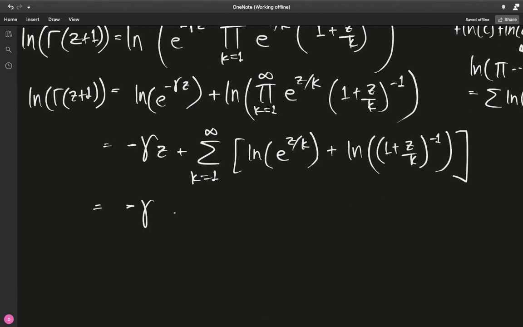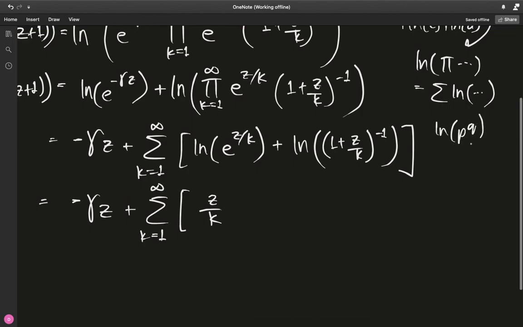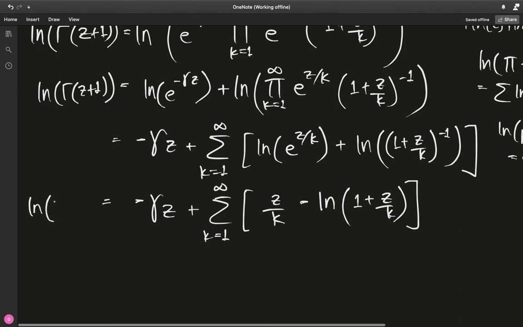So we have minus Euler-Mascheroni times z plus sum from k equals 1 to infinity of, now we are just left with a z over k outside, and we can bring the power down by this property. So we have minus natural log of 1 plus z over k, like this, and that is just the natural log of gamma of z plus 1.